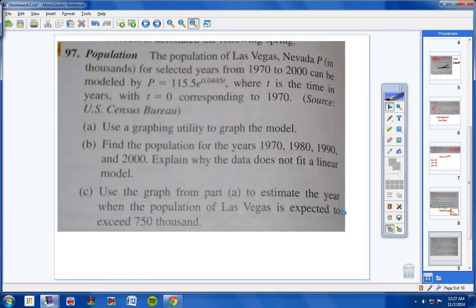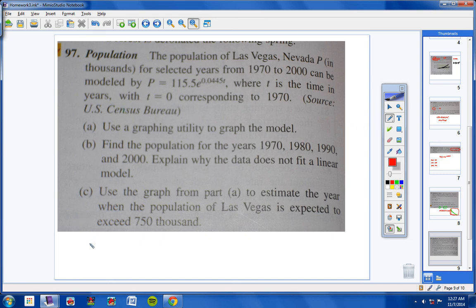Okay, part B says find the population for the years 1970, 80, 90, and 2000. Okay, we'll do that real quick here, guys. Shouldn't be too difficult to do. So, hold on one second here, students.